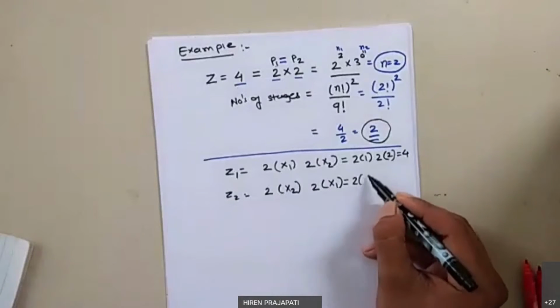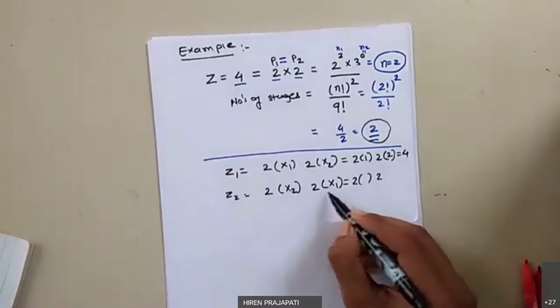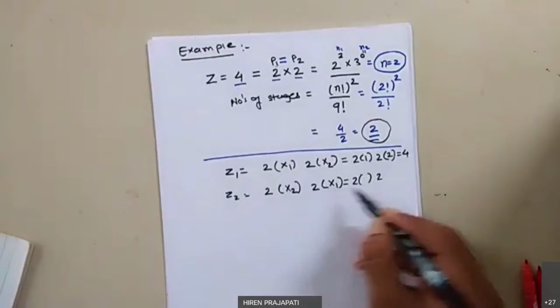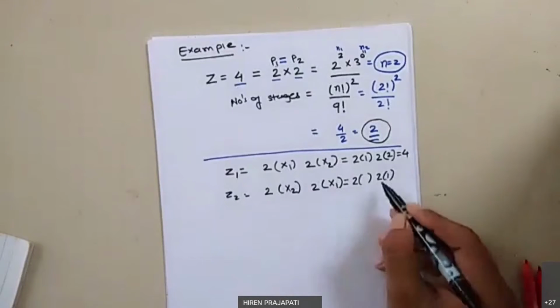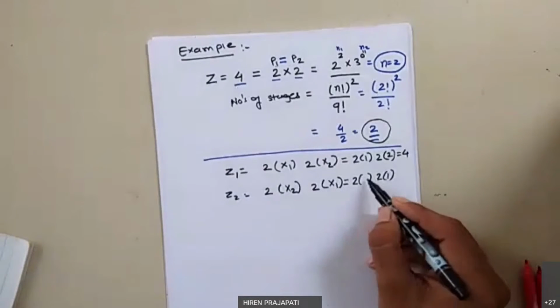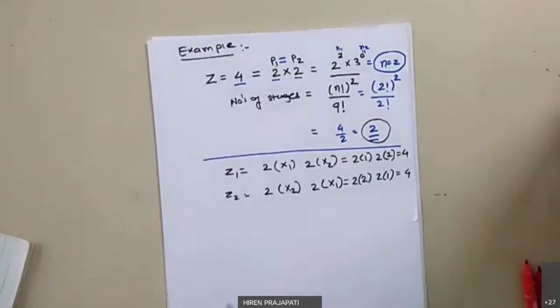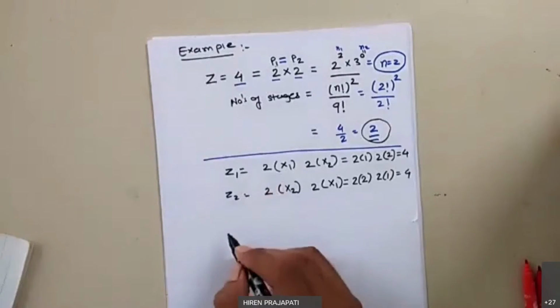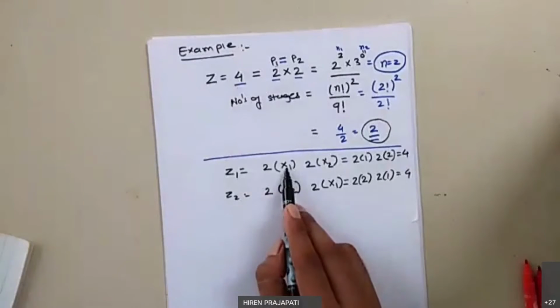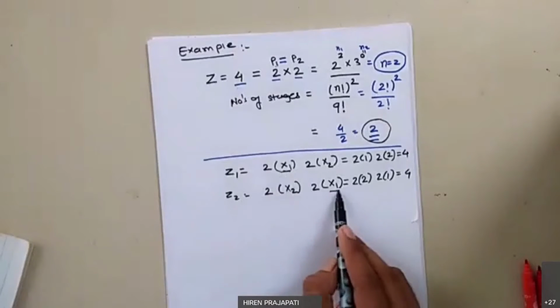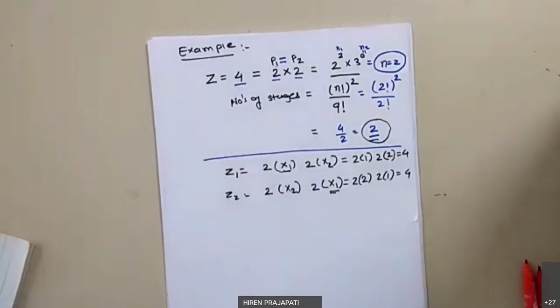Similarly in the second structure equation, we have considered x1, so 2 into 1 is 2. So x2 is again 2, and 2 into 2 we get a total of 4 speeds. So these are the 2 structure equations. We have only changed the position of x1 and x2 in the 2 structure equations, right?